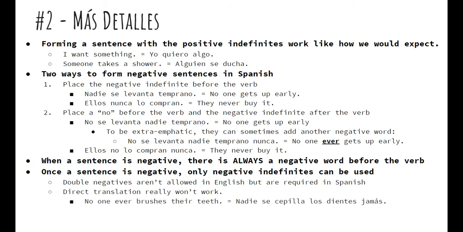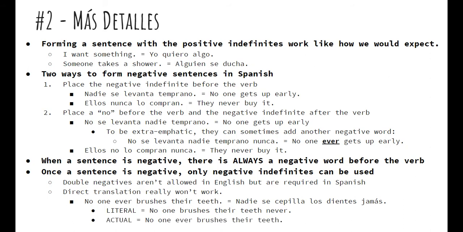So for example, no one ever brushes their teeth. We get nadie se cepilla los dientes jamás, or nunca. Either one would have worked. The literal is no one brushes their teeth never. And then we've got like a double negative, but it actually translates in English as no one brushes their teeth ever, or no one ever brushes their teeth.